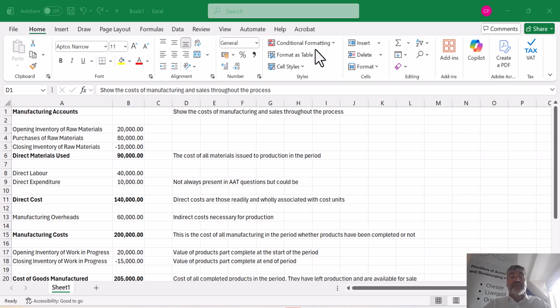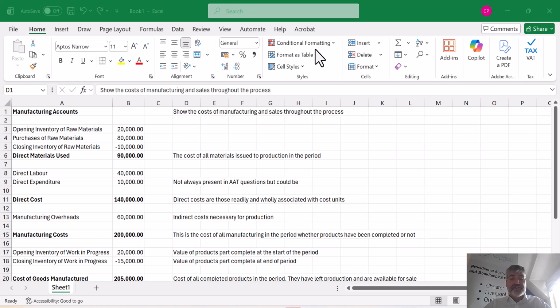In other words, at the end of the reporting period, there will still be production happening in the factory. So we need to bring into our calculation at this stage the value of what we call work in progress. If you imagine in your factory at the start of the reporting period, you have partly completed products. Those products have been worked on in the previous period.